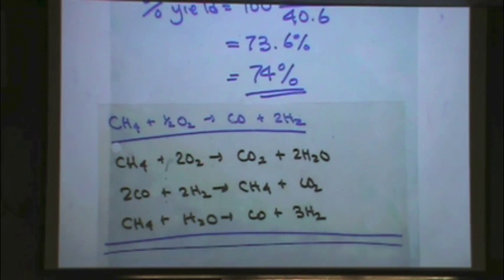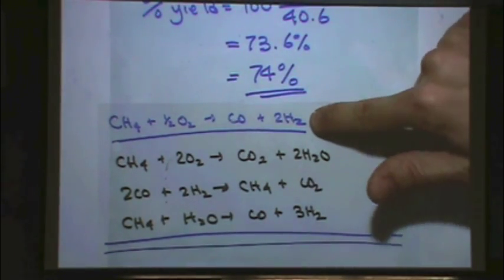For this problem, I have an overall reaction up above in blue, and then in black below that are what we call the consecutive reactions. What I want to be able to do is manipulate mathematically the reactions in black, the consecutive reactions, in order to add up to my final answer, this one right here.